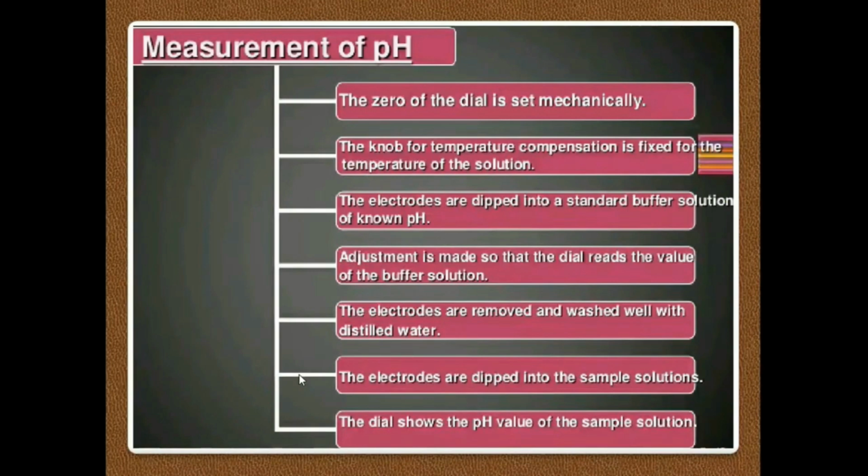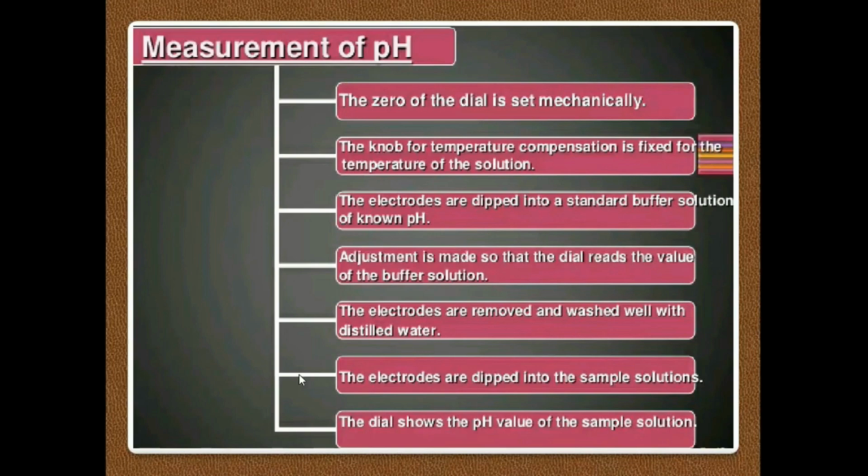The measurement of pH: how to measure pH using a pH meter. The zero of the dial is set mechanically. First you have to set 0 in the monitor. There is a knob for temperature compensation, which is fixed for the temperature of the solution.